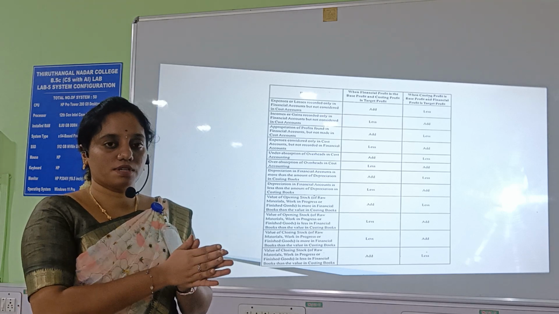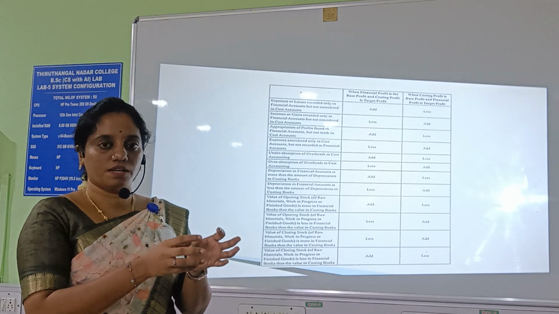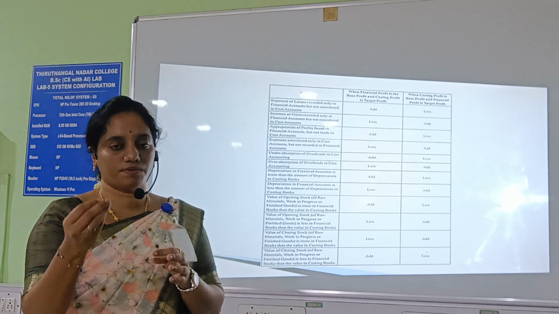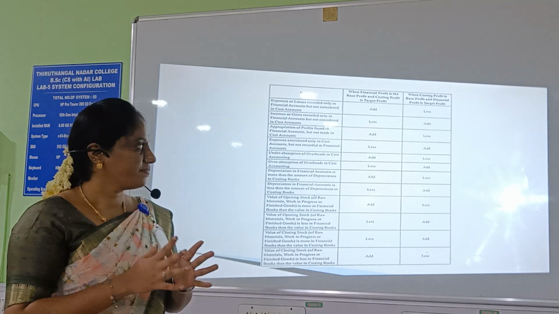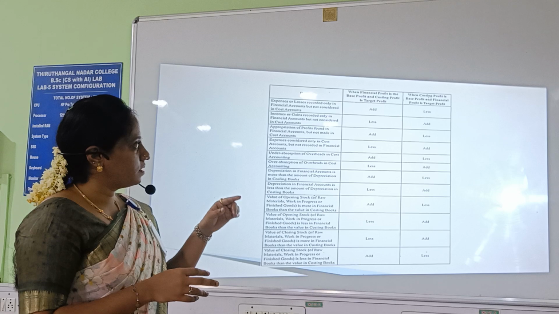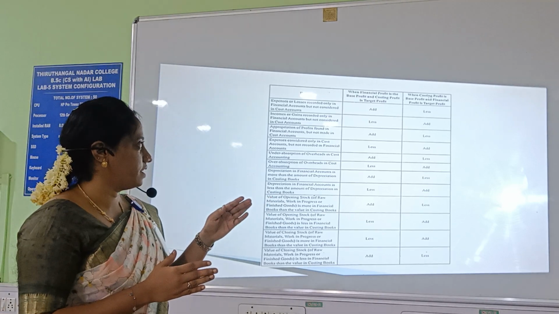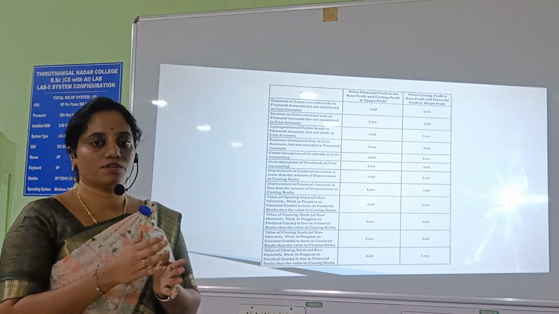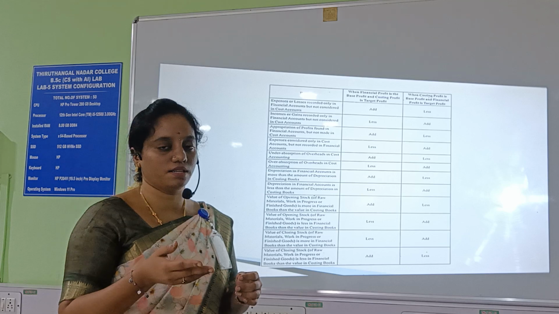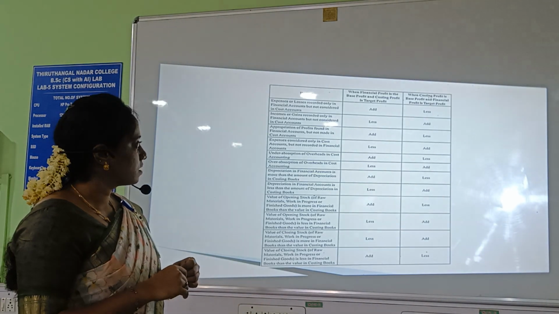Because for most items, if we take financial accounting as the base, we have to add some items, and if we take cost accounting as a base, we have to less some items. So it differs. If financial profit is taken as a base, we have to add that item. What item? Expenses or losses recorded only in financial accounts but not recorded in cost accounts. We have to add that item. If cost accounting is taken as a base, we have to less that item.